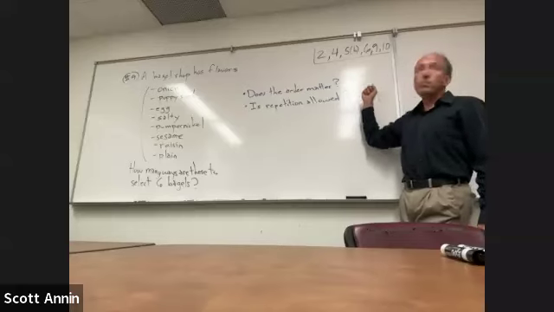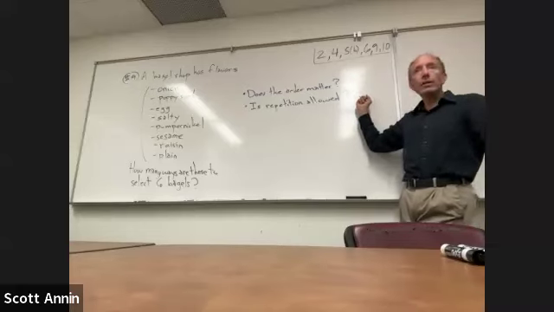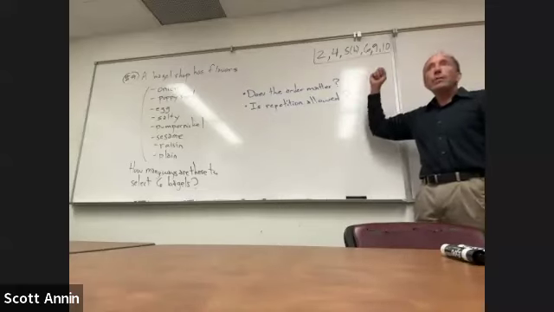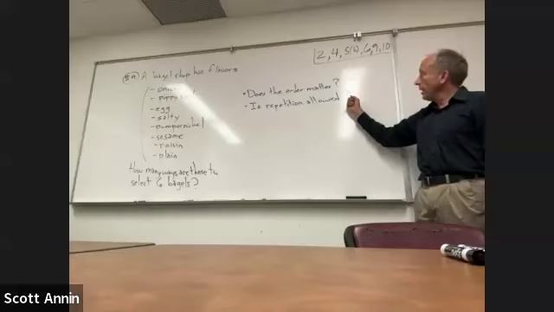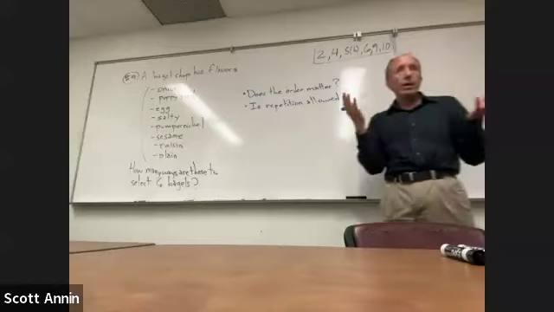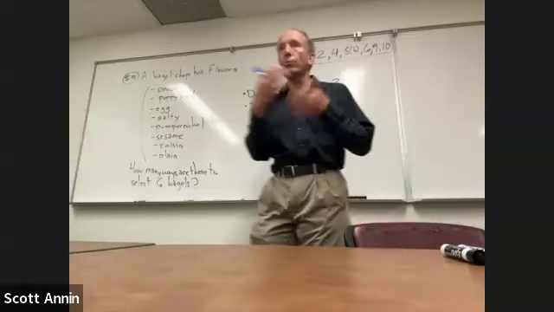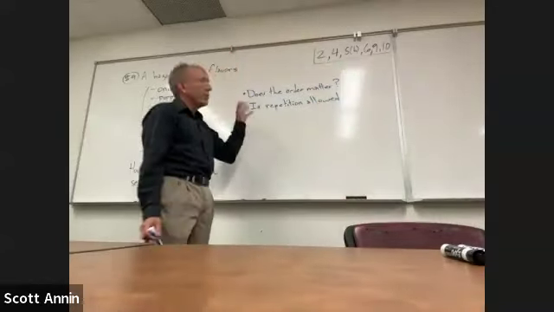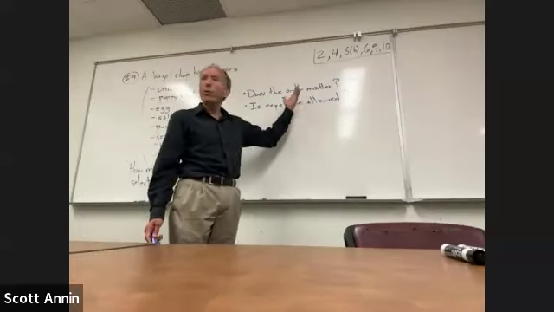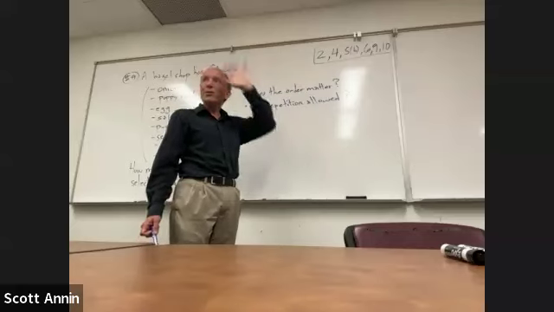The order matters, but you can repeat the same character again and again. Or if I say the order doesn't matter and repetition is not allowed, that would be like poker cards. You have a hand of cards, there's no repeats there. So then you can think about what kind of expressions I would use if this was about poker cards.